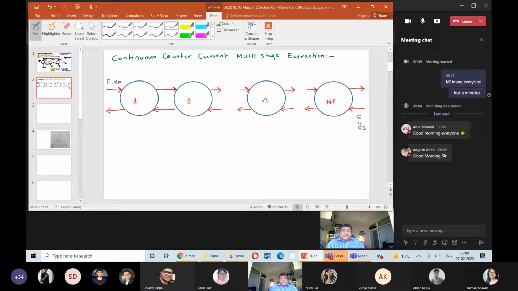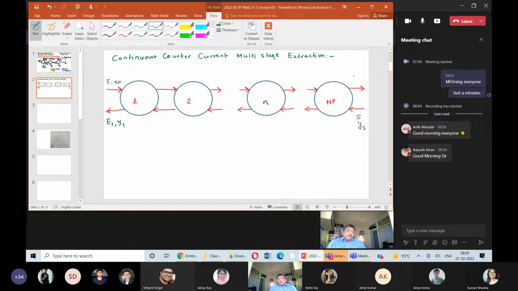The final product is actually the extract that comes out from the first stage itself. So this is the product, E1, and composition is Y1.